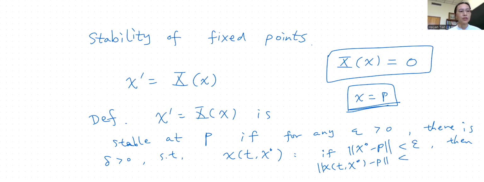So we need to choose one number. This is delta. So what does that mean? This is a definition, just like in calculus, the epsilon delta definition. This is true for all t, for any t.